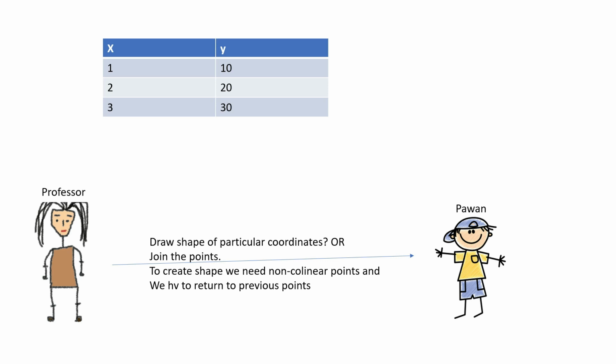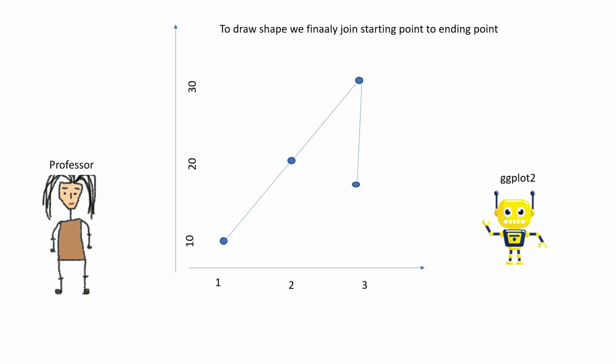Now let's see the shape. In a shape, what we generally do is connect the end point to the starting point. Let me show you the demo. Suppose this is a line, and we connect the end point to the starting point, and that will form a shape.